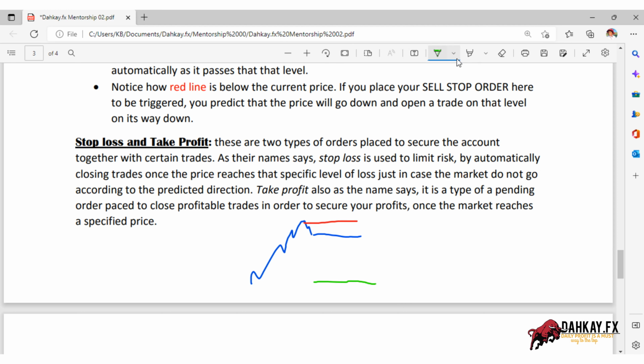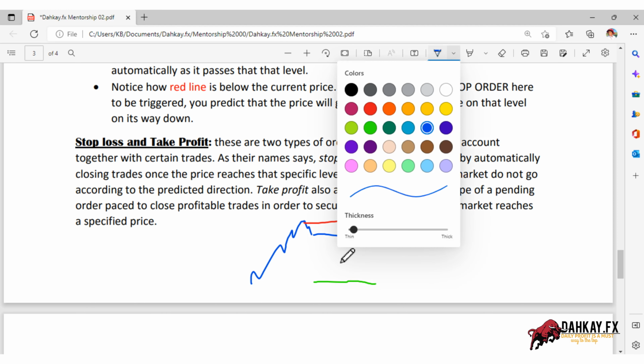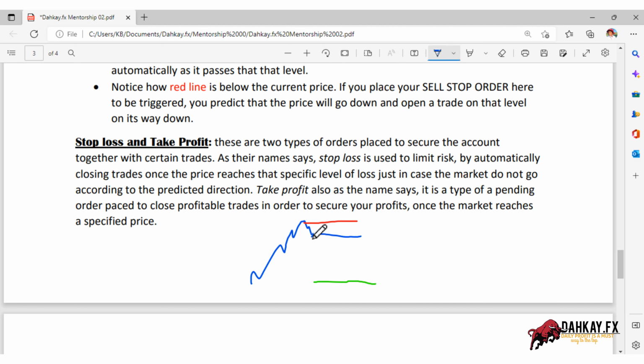So in this case, if the market decides to go up against you, once it reaches this level, your trades will automatically close to secure your account from blowing as the market goes up. Also, if the market decides to go down according to your prediction, and once it hits this level, the profits that you will be running in your account will be closed and secured into your account.